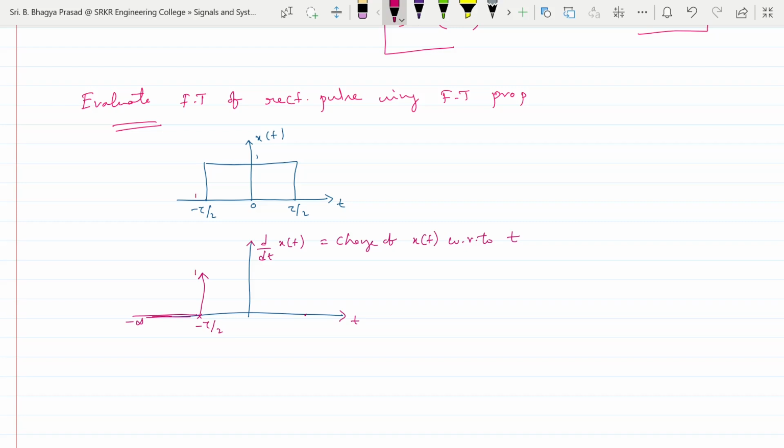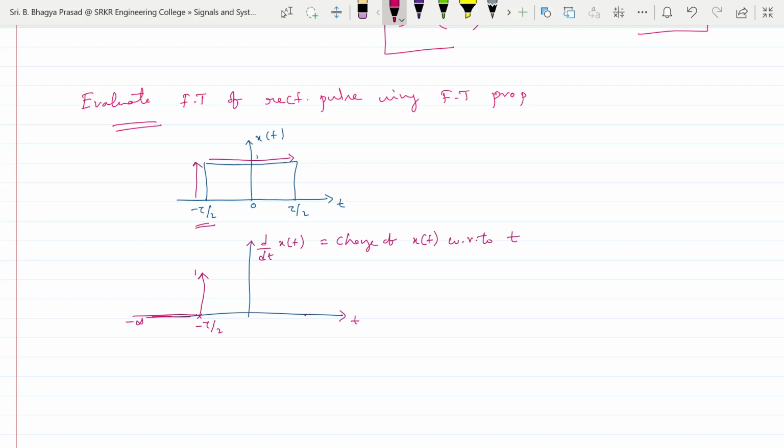That is, the value is changing from 0 to 1 at minus tau by 2. So I represent the change at minus tau by 2 from 0 to 1. From minus tau by 2 to tau by 2, the value is constant, that is there is no change, the x of t is constant, no change.